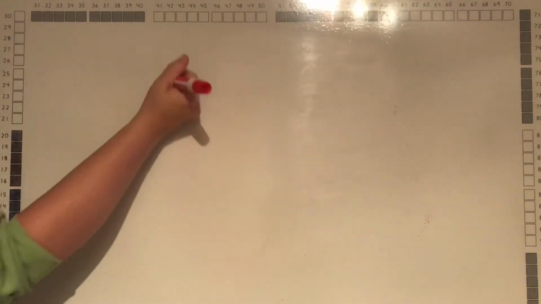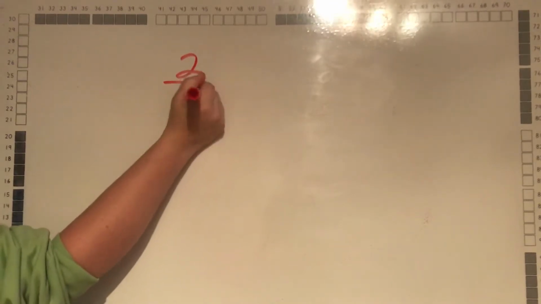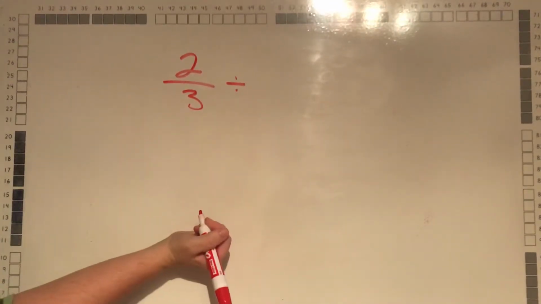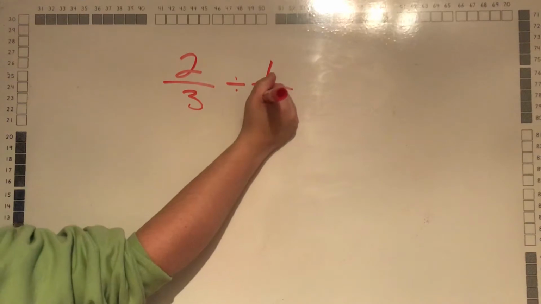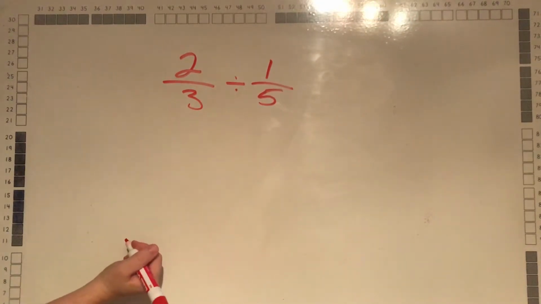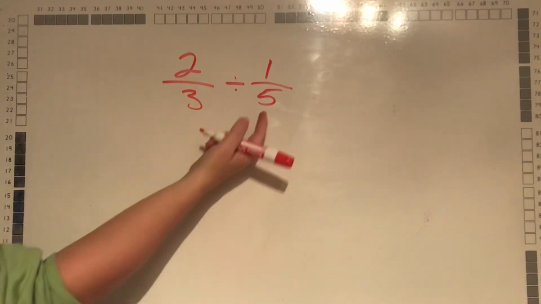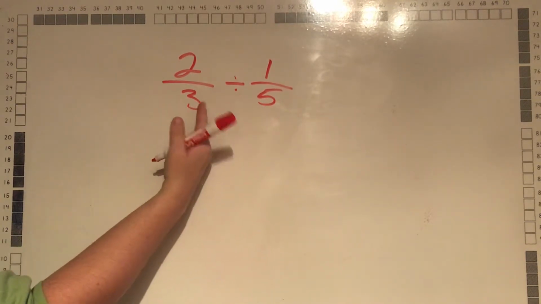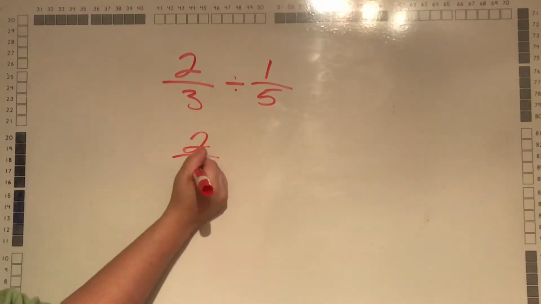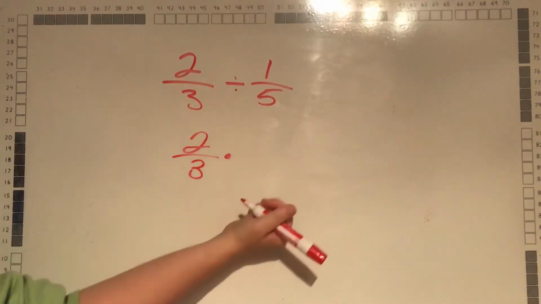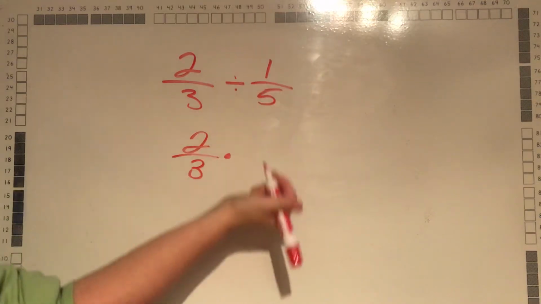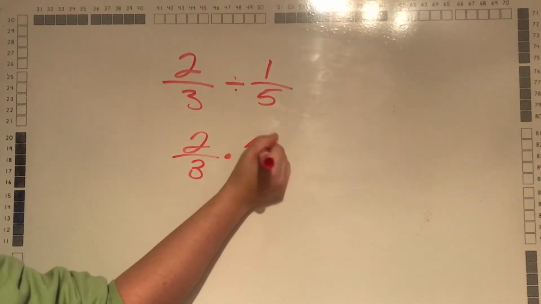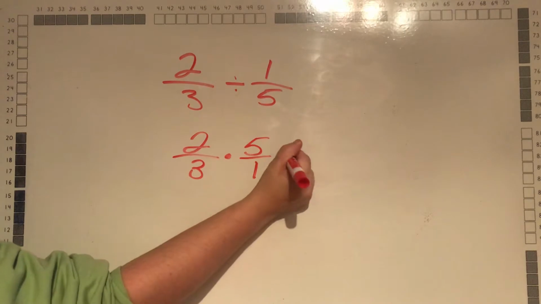Okay, example 1a is the following. It has 2/3 divided by 1/5. So what we're going to do is find the reciprocal of this and multiply it by this. So we have 2/3 times, and our reciprocal, remember we just flip the fraction, is 5 over 1.